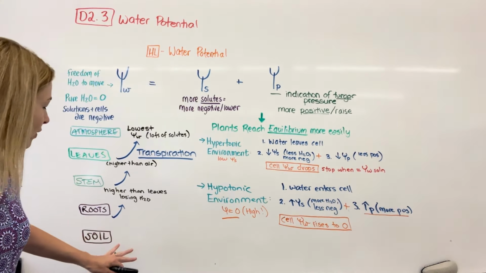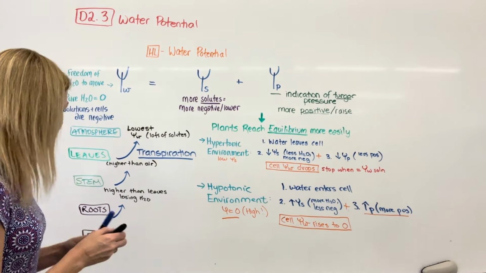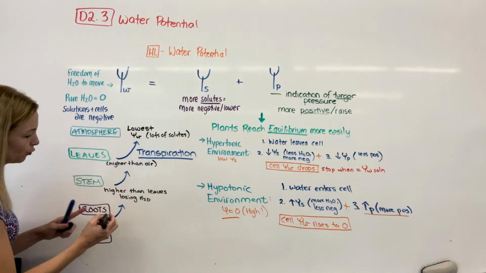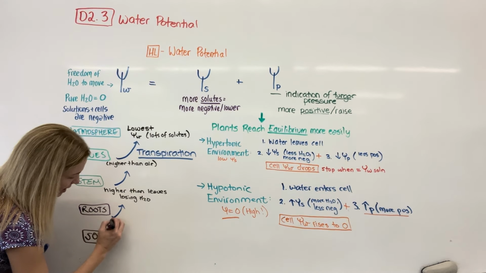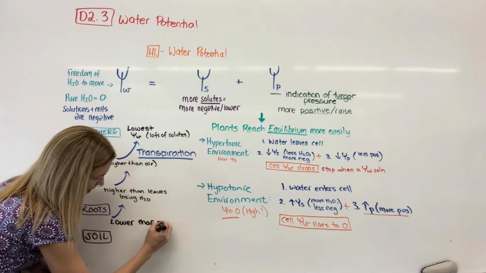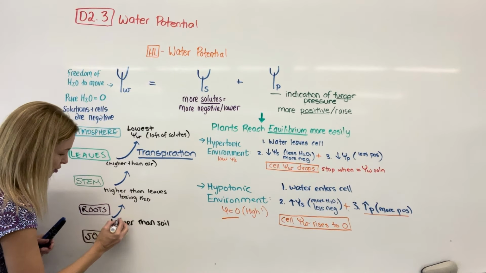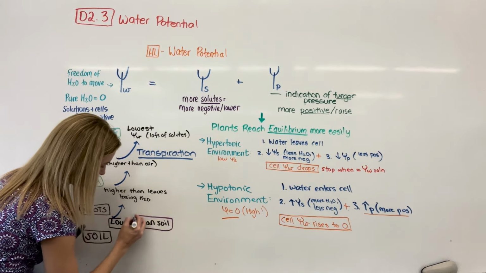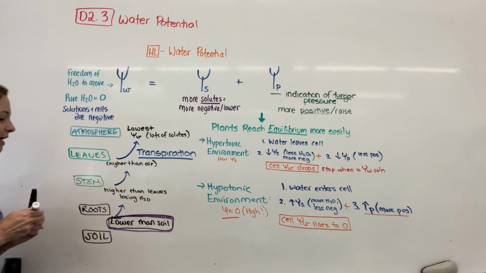One other thing that's really important is we need help with this step here. So it's also going to be really important that the roots need to be lower than the soil. So my roots have to have a lower water potential than the soil in order for water to go from the soil into them.